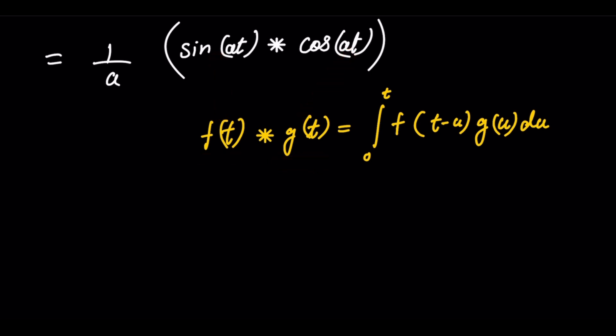When we'll be writing it in the form of an integral, we'll be replacing the t from f of t with t minus u. So we're going to be replacing this with t minus u. And similarly, for g of t, we'll be replacing t by u and write the integral in this form. Let's rewrite this.